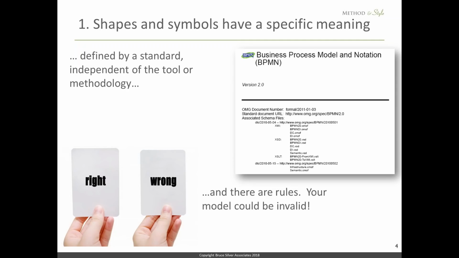So there's the possibility that your model contains violations of the rules. It's invalid. That's a big difference. With BPMN, the meaning of the diagram doesn't depend on the tool you used to create it or your own feelings that day about what the shapes mean. It means what it means. It means what the spec says it means.